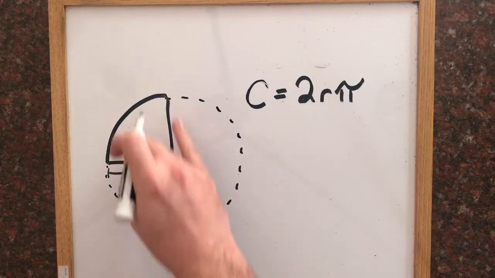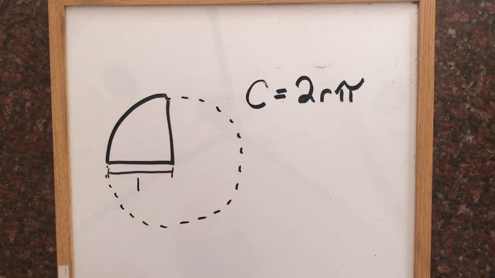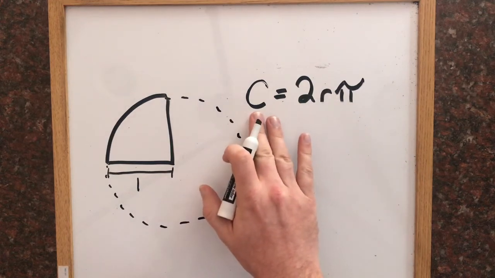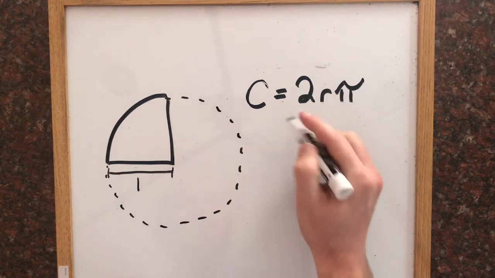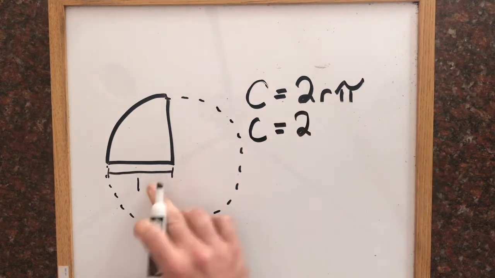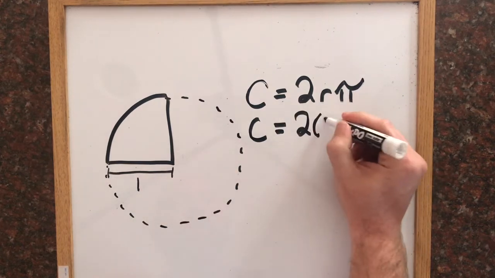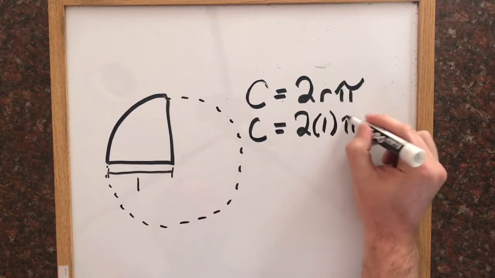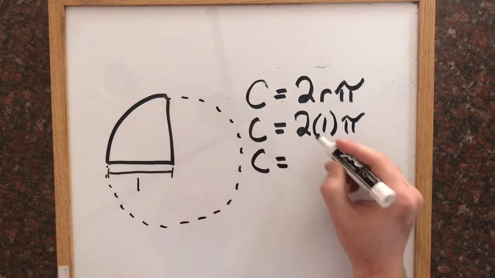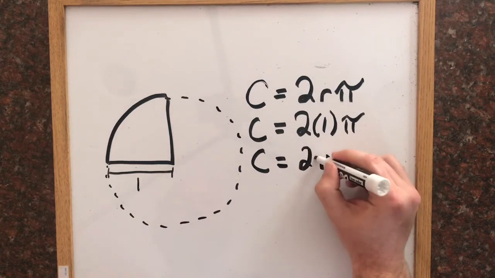Okay, we'll deal with the fact that it's actually a quarter of a circle later on. So calculating circumference, remember circumference is 2 times the radius times pi. So circumference is equal to 2 times the radius, which in this case is 1, times pi. So the circumference of the entire circle is 2 pi.